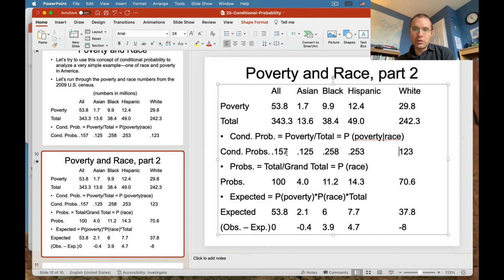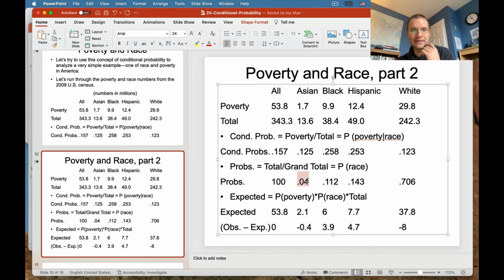The next row looks at the probability just that you are a certain race in America, independent of the whole poverty issue. And basically what this is saying is that only 4% of the people in America are Asian. That's what this 0.04 means here.